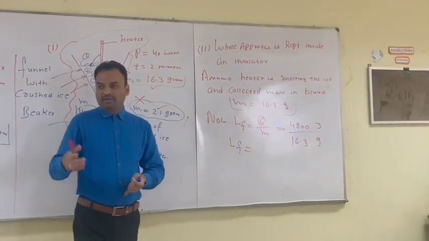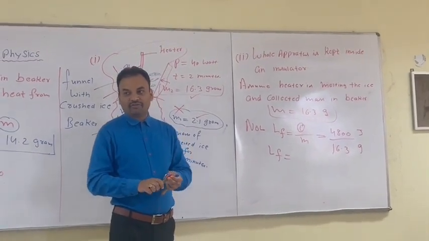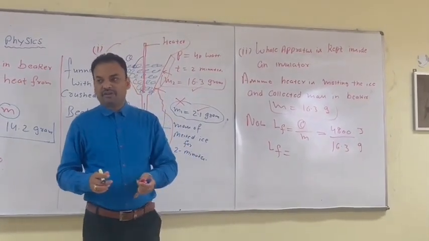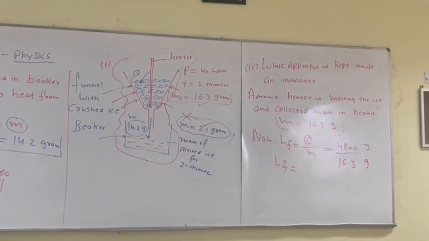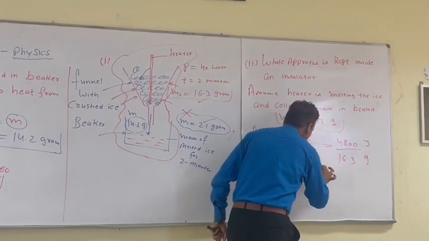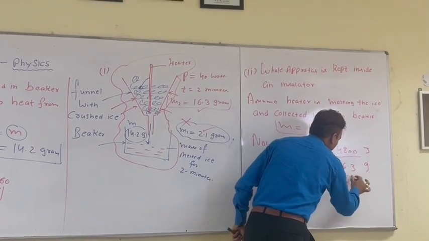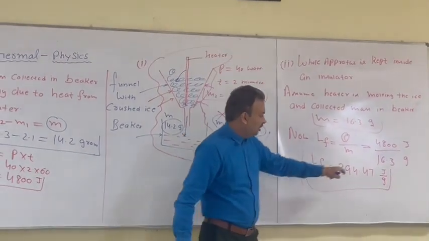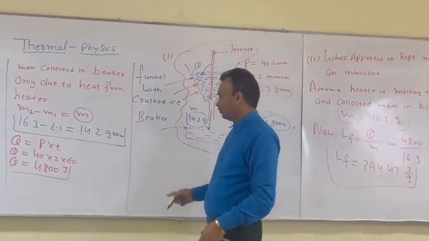I think it will now decrease. The latent heat of fusion will now decrease. What is the value? Yeah, 294.47 joule per gram. So you see the denominator is increased, it is more as compared to the previous case.